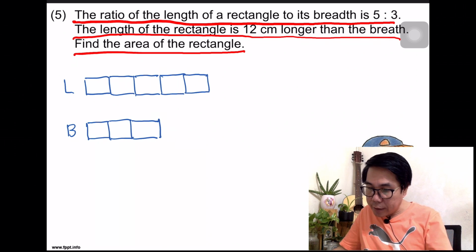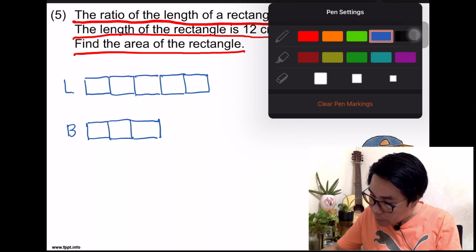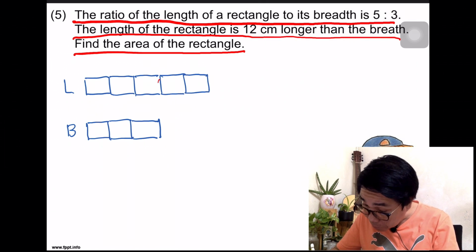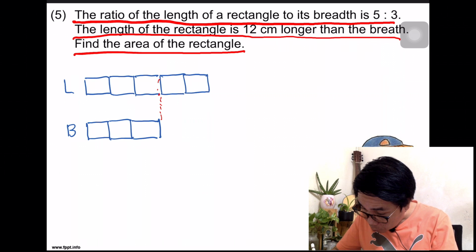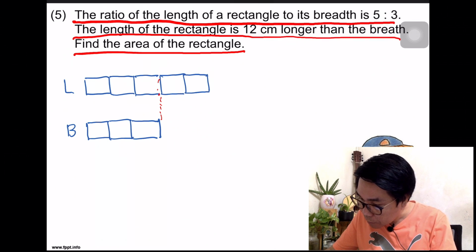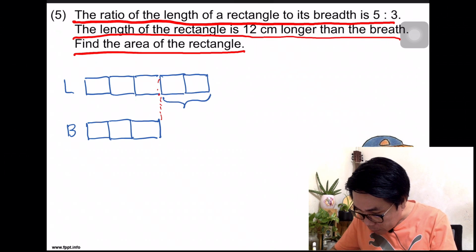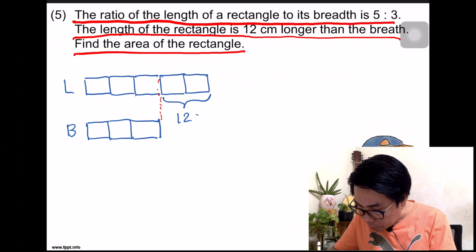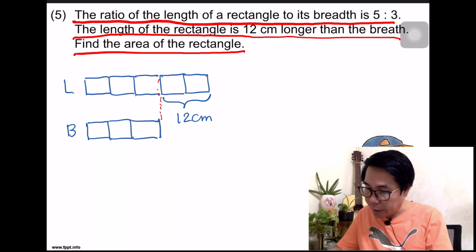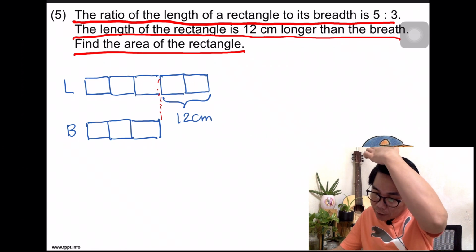And it says that the length of the rectangle is 12 centimeters longer. So this one is the longer. So this part is 12 centimeters. And then the question is, find the area of the rectangle.